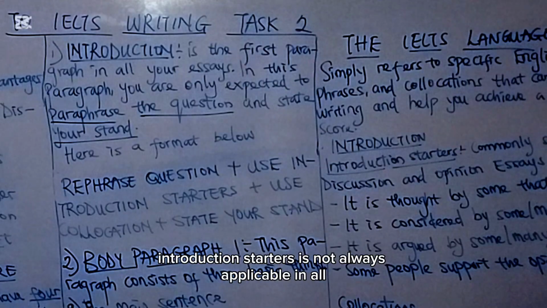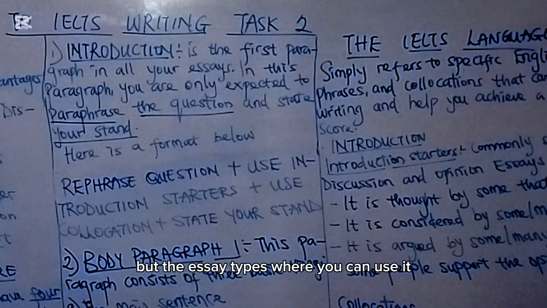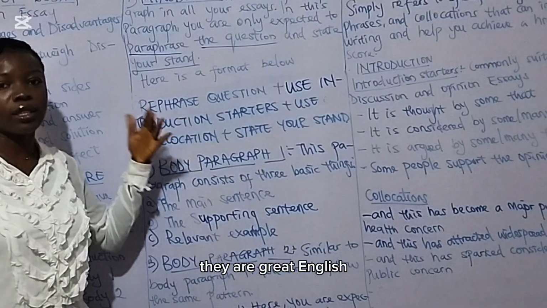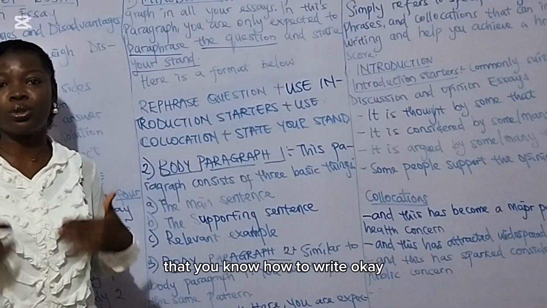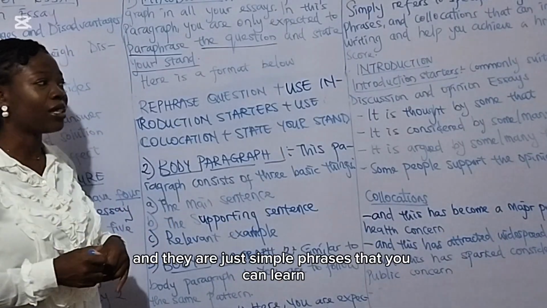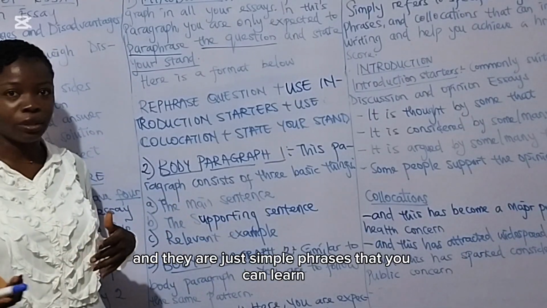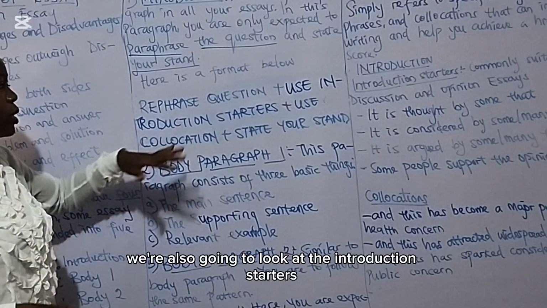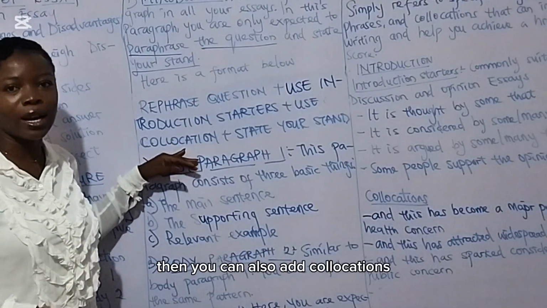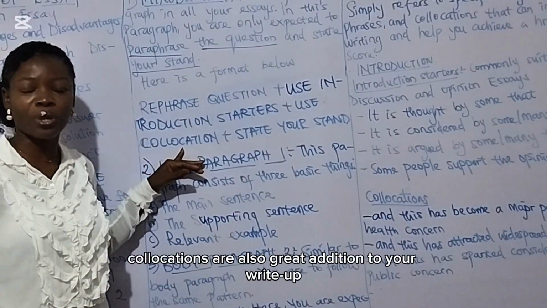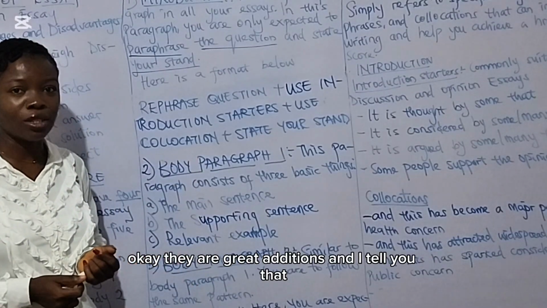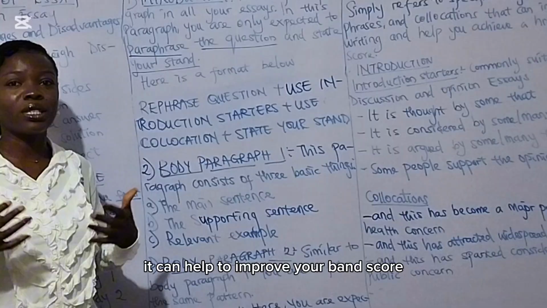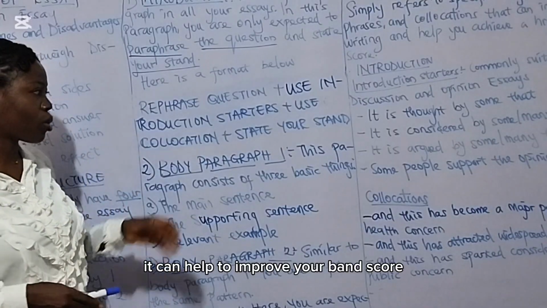Introduction starters are not always applicable in all essay types, okay, but the essay types where you can use it, they are great English terms that tell your examiner that you know what you're doing, that you know how to write, and they're just simple phrases that you can learn. So we're also going to look at introduction starters. Then you can also add collocations. Collocations are also great additions to your write-up, and I tell you that it can help to improve your band score.